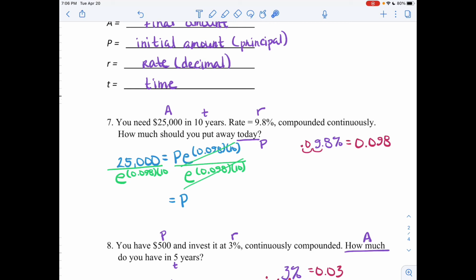And now what I can do is put this in my calculator. I have 25,000, and then I want to divide that by E raised to the 0.098 times 10 power. Practice this in your calculator or Desmos Scientific Calculator if you're at home. And what you should come up with is a P value of 9382.78. So in 10 years, we've gone from about $9,400 all the way to $25,000 based on these criteria.